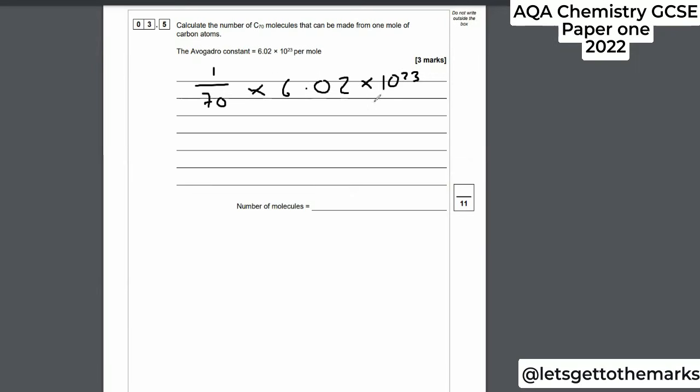So you could do it like that, or you could just do 6.02 times 10 to the 23 divided by 70.